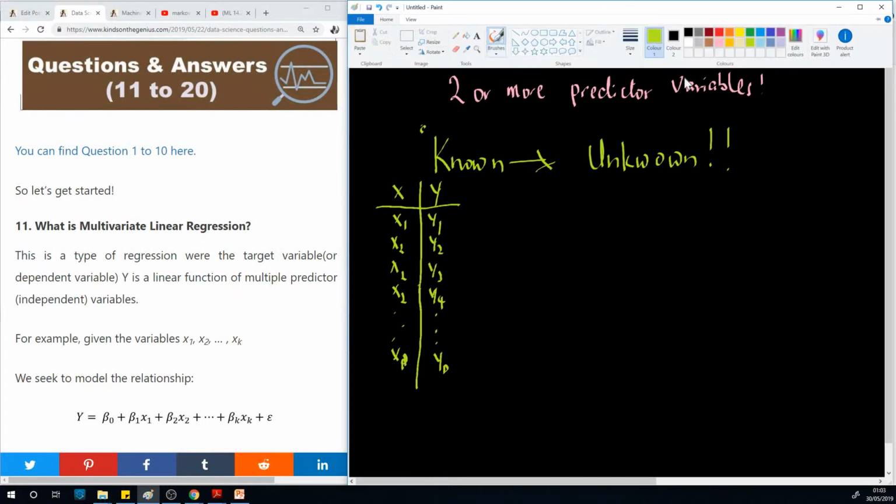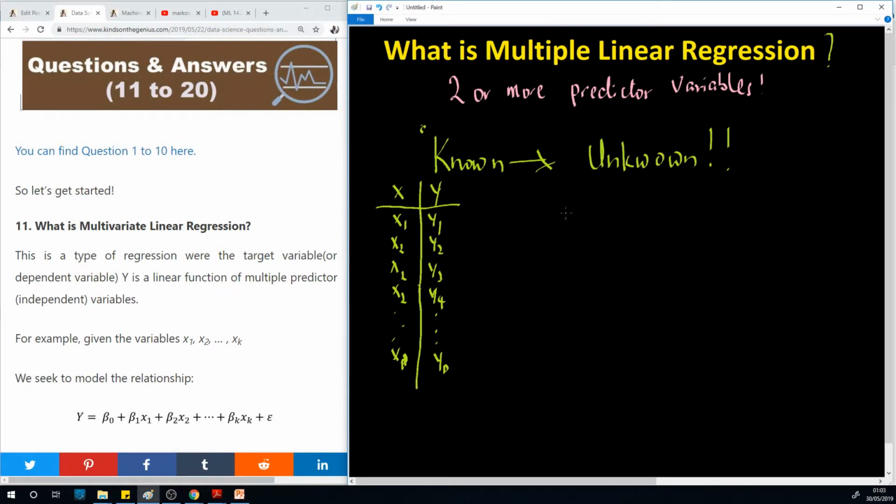In some textbooks you might see something like f of x equal to beta 0 plus beta 1 x. Sometimes you may also see f of x and omega equal to omega 0 plus omega 1 x. So sometimes you see any of these. Both of them are the same.